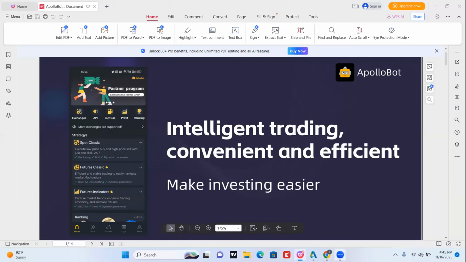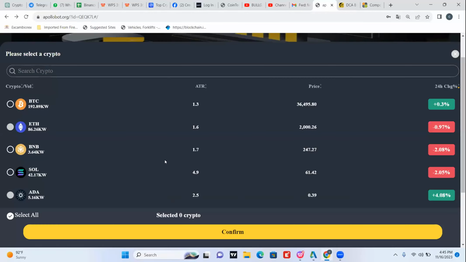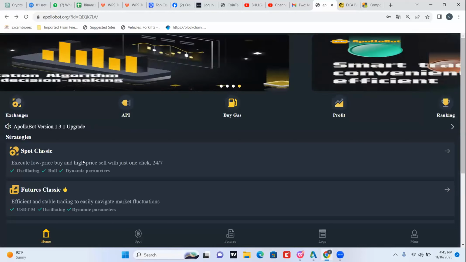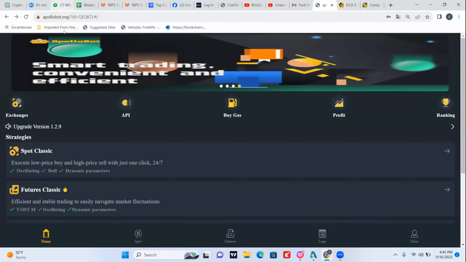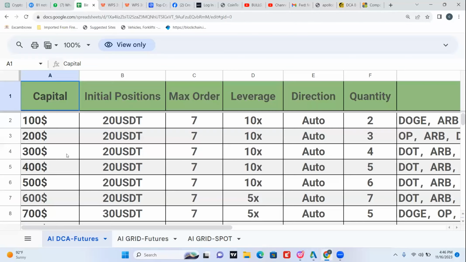So now I go back to my screen and show us how to trade the futures. So now we have a spreadsheet. If you have your spreadsheet, you see we have a minimum here, $100. So now we are talking about the futures.